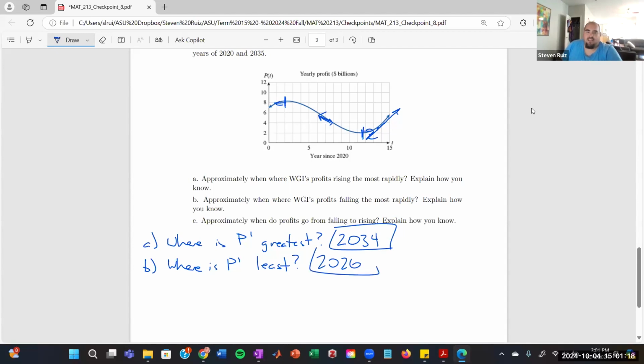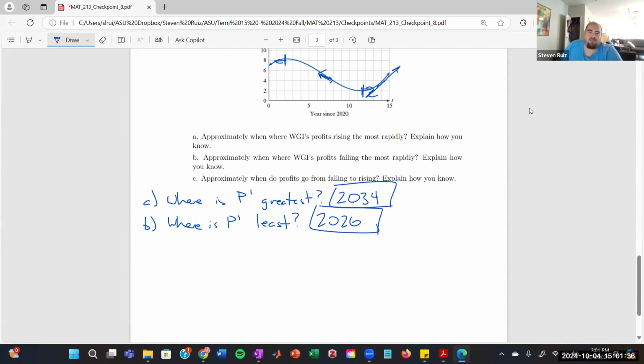So why am I saying that year? It's because I think at T equals 6, that is where I'm going to get the least value of P prime. That's where I'm going to get the most negative slope of a tangent line there.